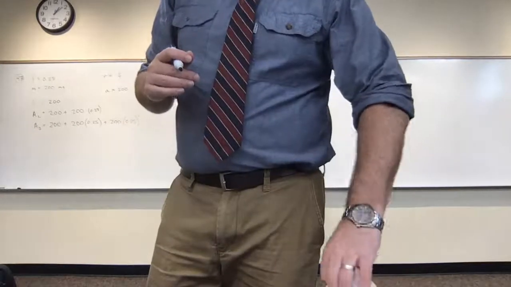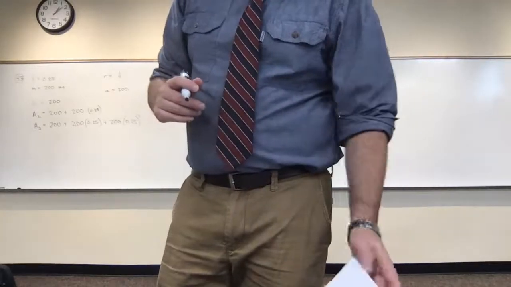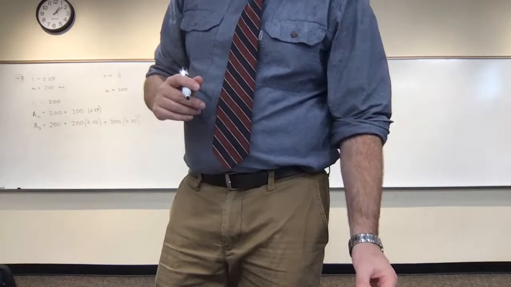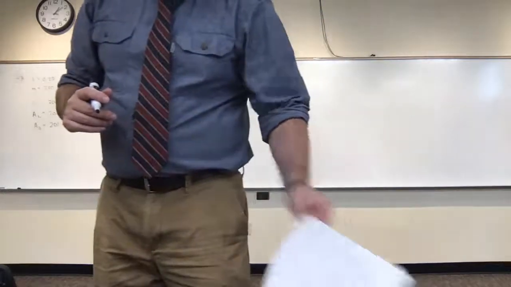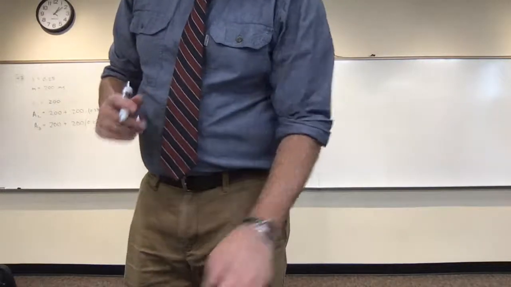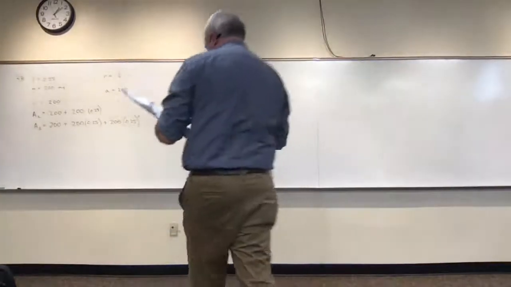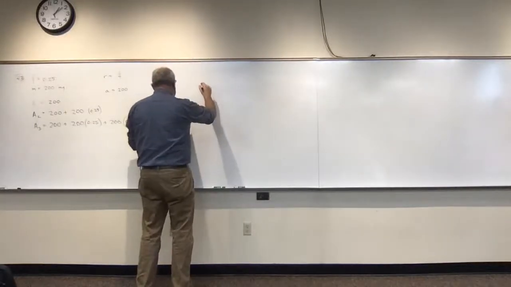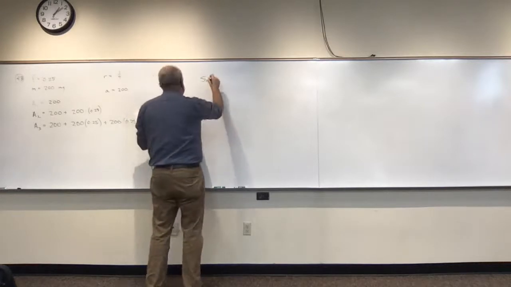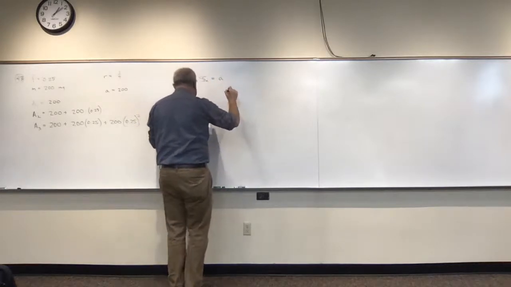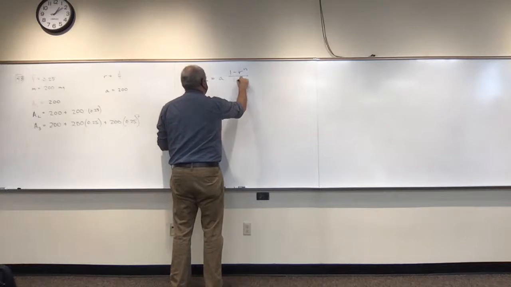Okay, so this is geometric, and there is a formula for the nth term of a geometric series. Here it is. On page 663 of your book, the nth term of a geometric series is equal to A times 1 minus r to the n, divided by 1 minus r.